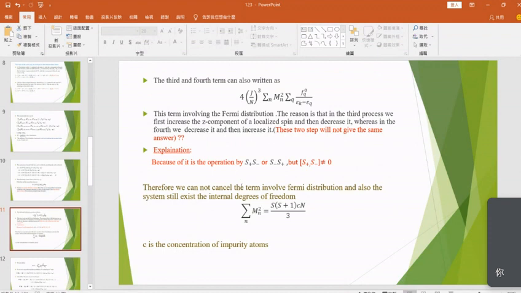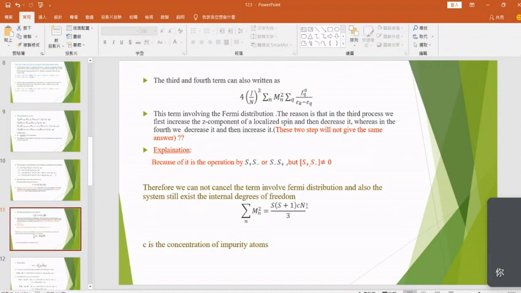So therefore, we cannot cancel the term involving the Fermi distribution, and so the system still has the internal degree of freedom, spin. And then we want to calculate the second order term. So this involves the Mn squared.